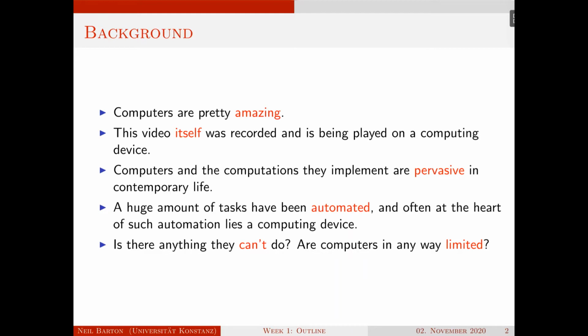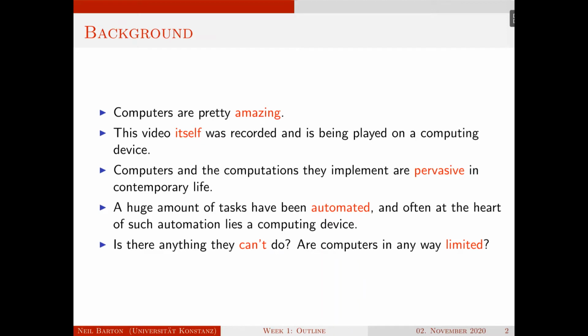And this goes throughout our contemporary life. So computers and the computations they implement are incredibly pervasive. So something that we've seen in recent times has been a huge number of tasks have been automated by devices that use at their heart some sort of computational procedure, some sort of computational device implementing that procedure.